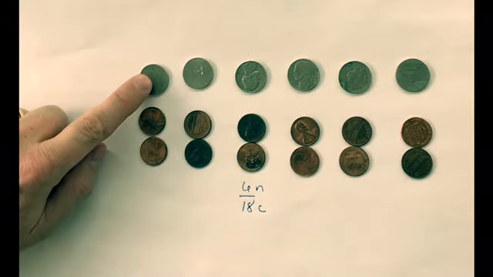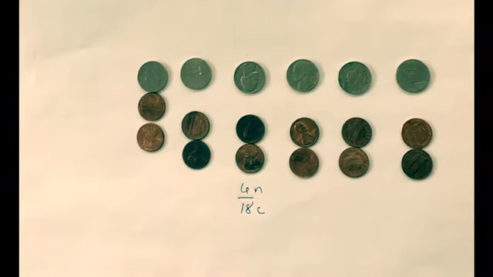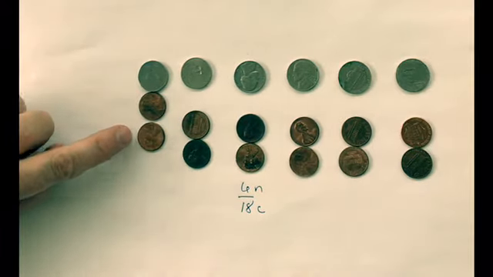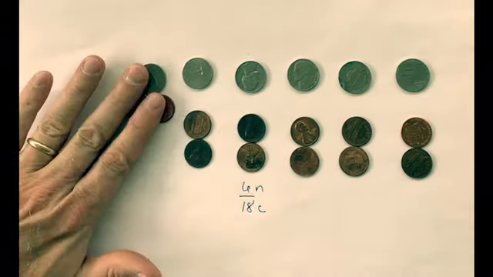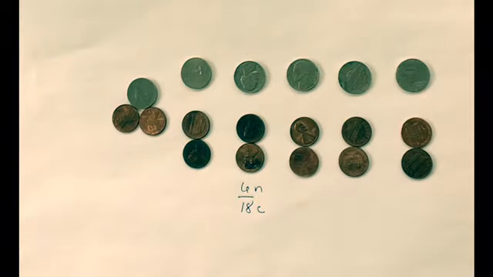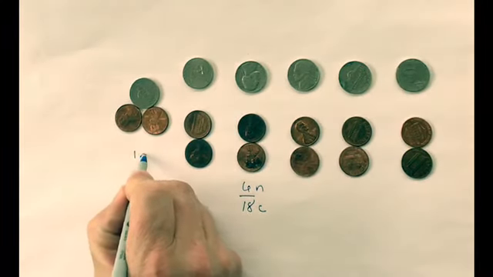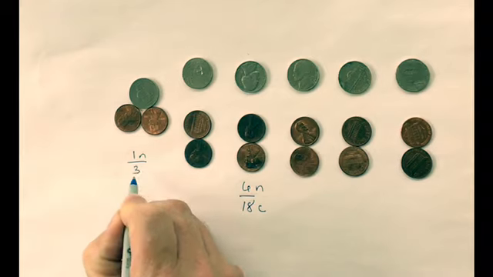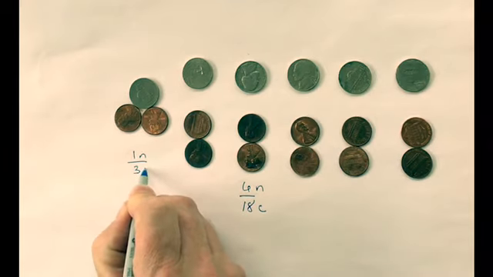For every nickel, how many coins are there? There's 3. 1, 2, 3. So for every nickel, I have 2 coins. Did I say 3? Did I say 2? I think I said 2.